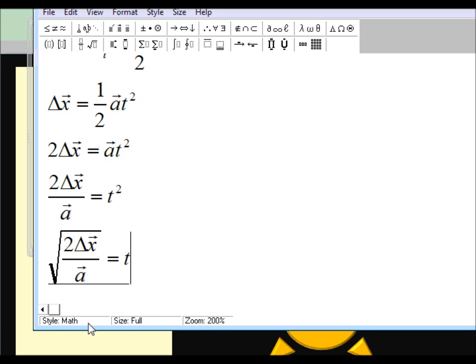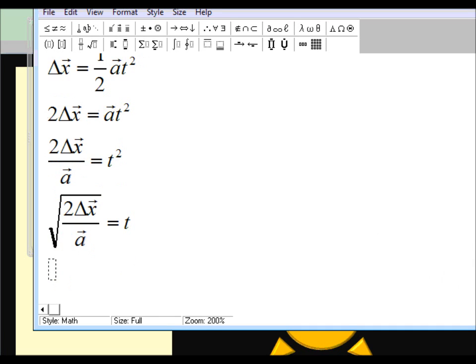The reason that we don't really have to do that in this case is because the thing we're solving for, time, can never be negative. So we are just left with the positive square root. We don't have to put that plus or minus in front of it because time can never be negative. Okay, so it's at this point that I've solved for time that I can just go ahead and start plugging in the values that I know for delta x and acceleration.